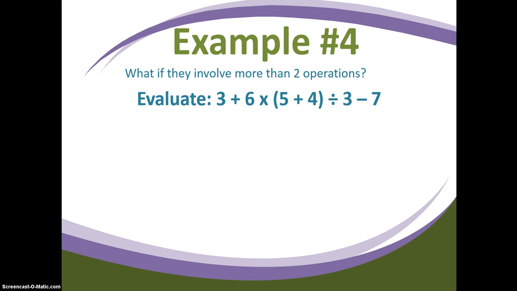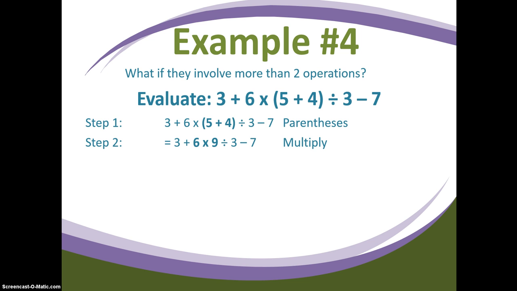Here's another example. If they involve more than two operations, like this one, 3 plus 6 times (5 plus 4) divided by 3 minus 7, then first we need to look at parentheses. We're going to do the operation in parentheses first. 5 plus 4 is 9. Then we're going to do our multiplication and division.